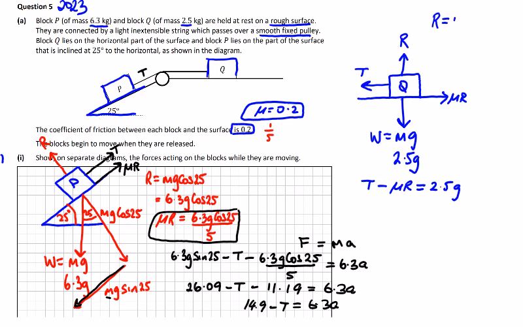R is equal to mg, which is equal to 2.5 g. So mu R will be 2.5 g over 5, which is 0.5 g. So T minus 0.5 g is equal to 2.5a.